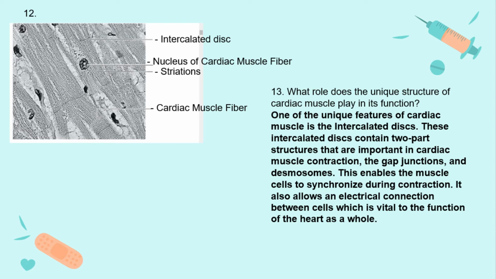This intercalated disc contains two structures that are important in cardiac muscle contraction, the gap junctions and the desmosomes. This enables the muscle cells to synchronize during the contraction. It also allows an electrical connection between cells, which is vital to the function of the heart as a whole.